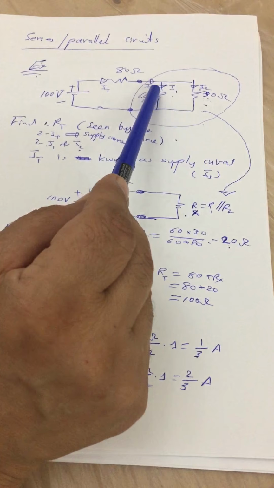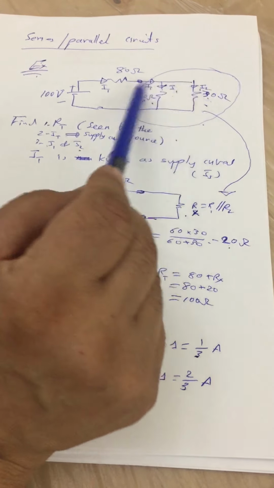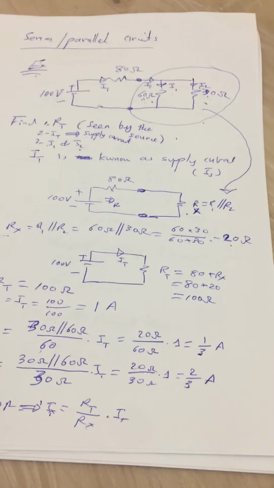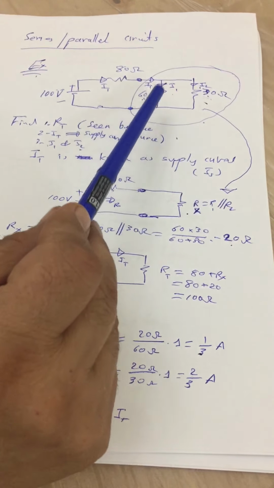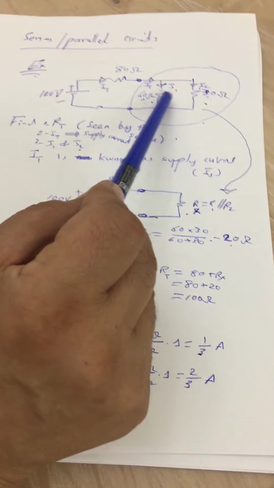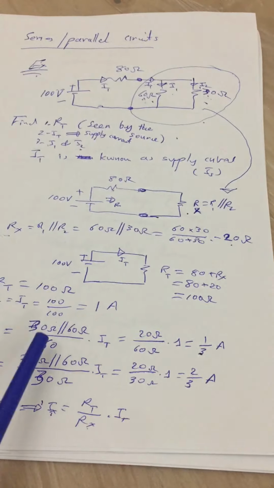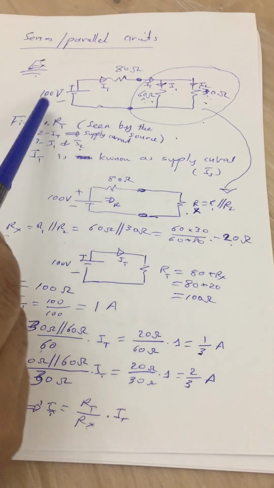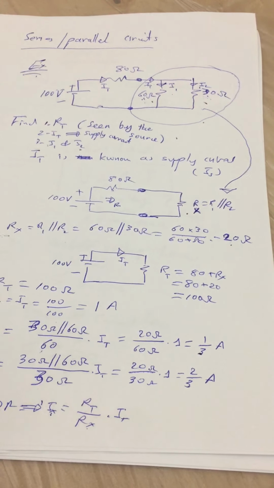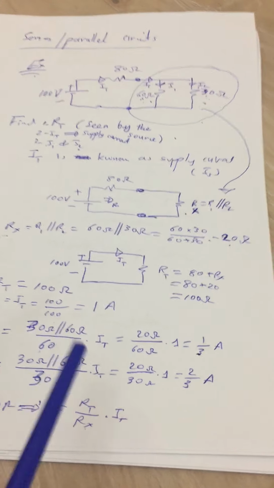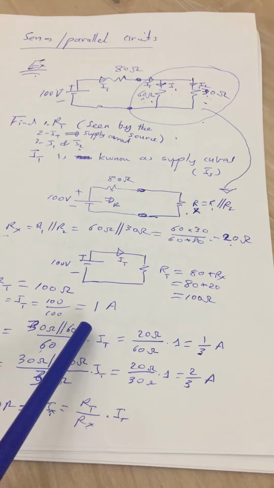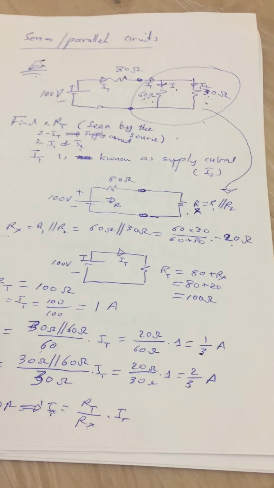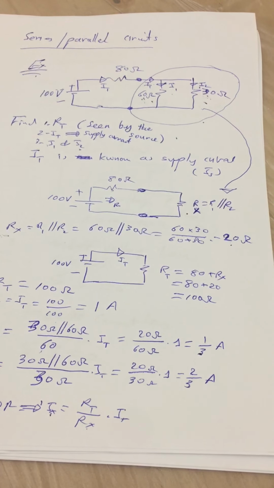We can determine I1 and I2 using the current divider rule. I1 is the current in the 60 ohm resistor. R total in the current divider rule is not the 100 ohm R total. No. If you apply the current divider rule, the R total is the parallel combination of the mentioned resistors.